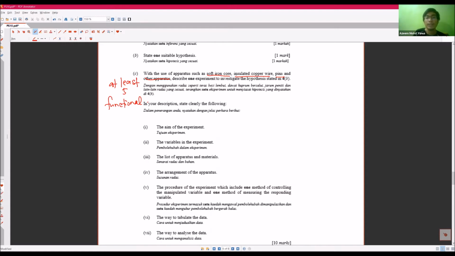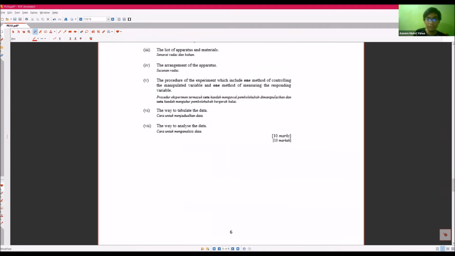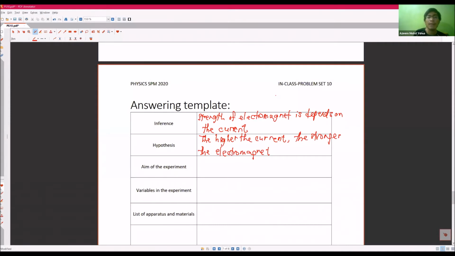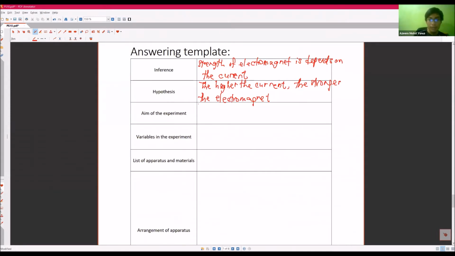Describe one experiment to investigate the hypothesis stated in 4B. So I will aim to investigate the relationship between current and strength of electromagnet.